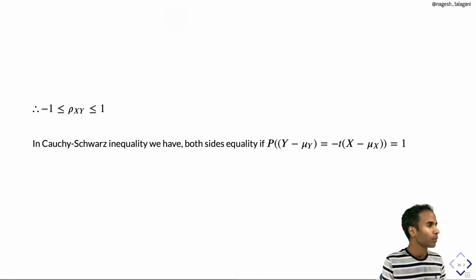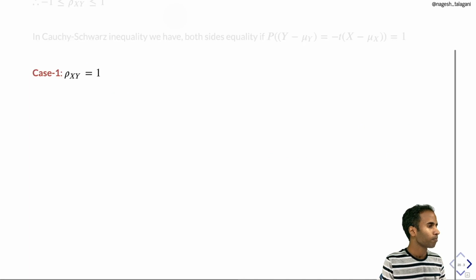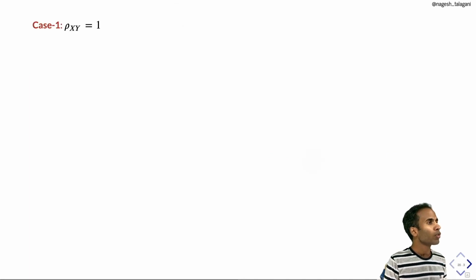Case 1, rho XY equal to 1. That means expectation of (X minus mu X) times (Y minus mu Y) by sigma X sigma Y equals 1.